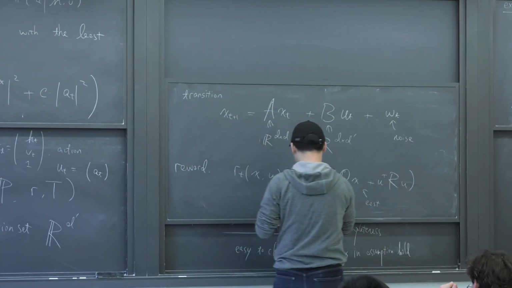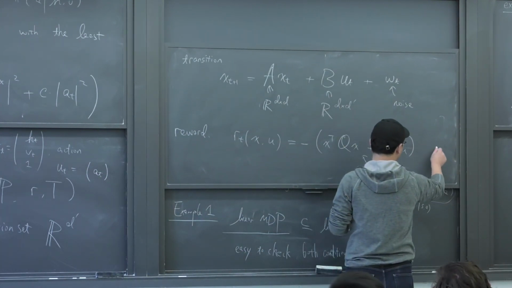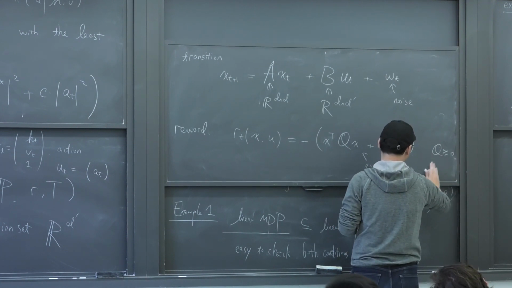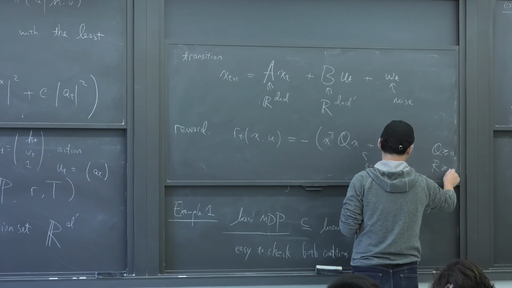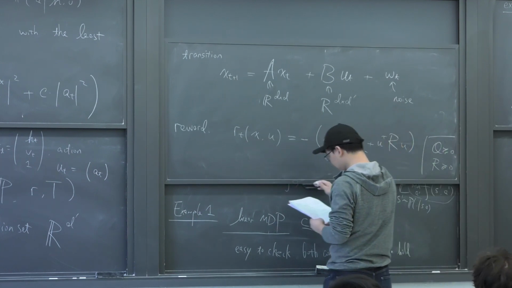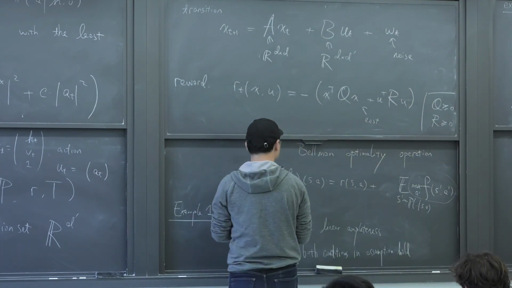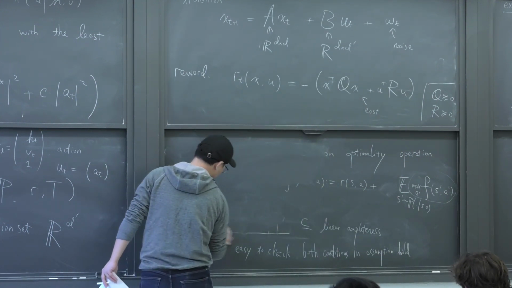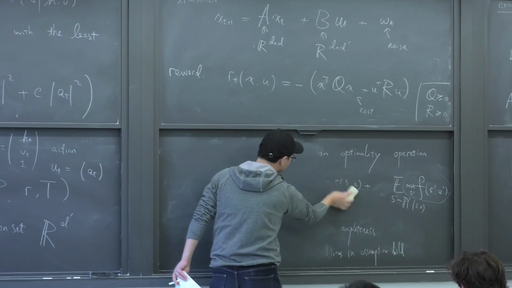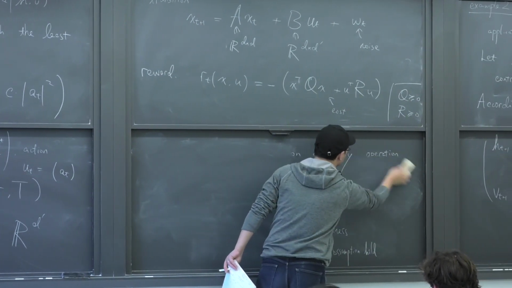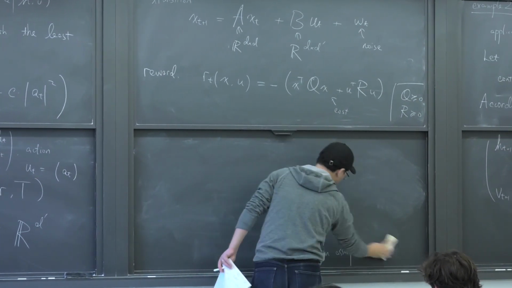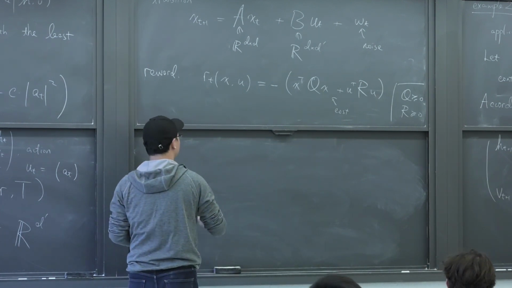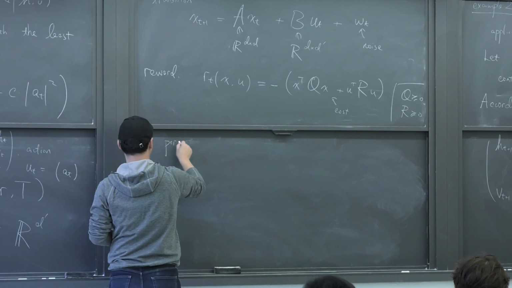Okay. And the important thing here is we need to assume both Q and R are PSD matrices. So basically now we have 4 parameters.